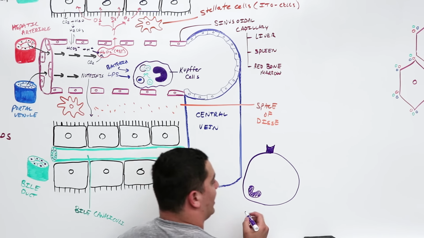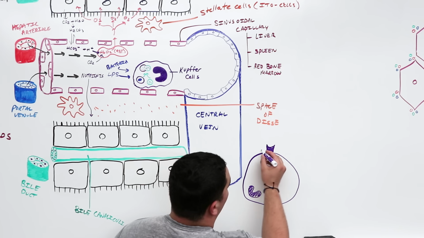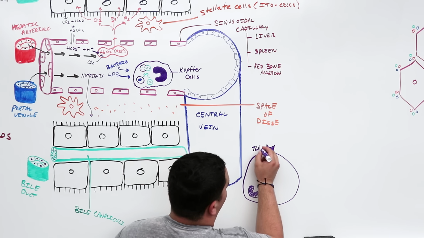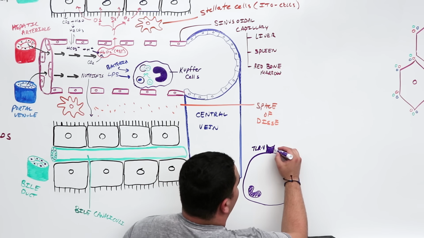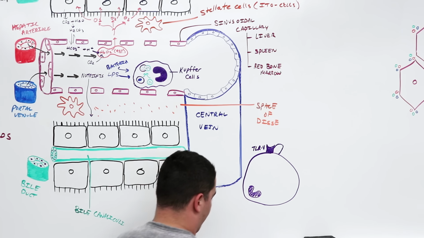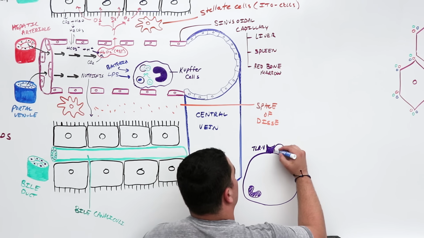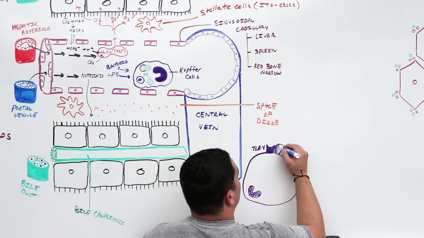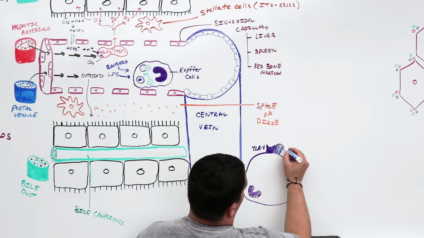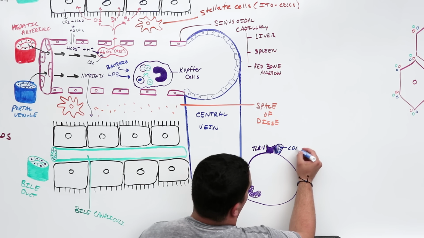We talked about this again in our immune system video, but this is called toll-like receptor type 4. And this toll-like receptor 4 is usually coupled with another protein. And this protein is called CD14. So they call this one CD14.